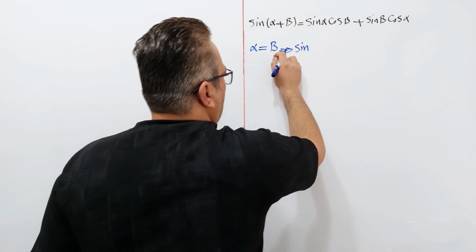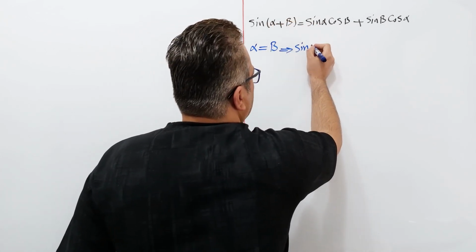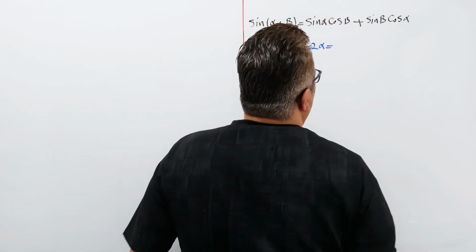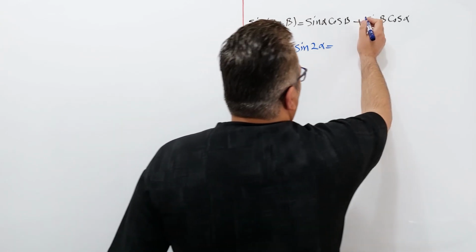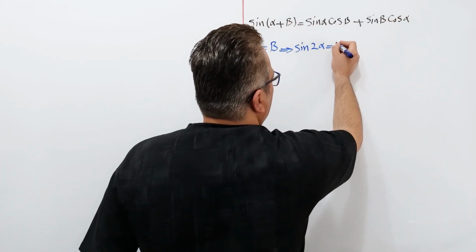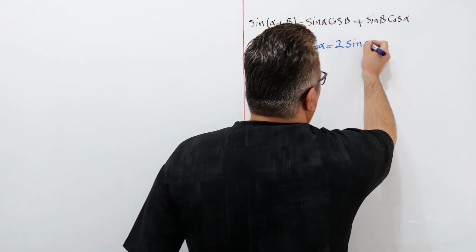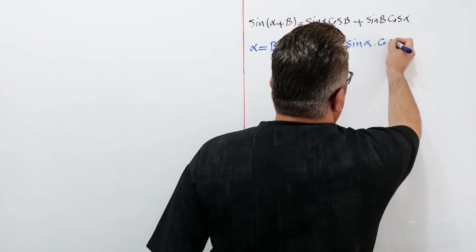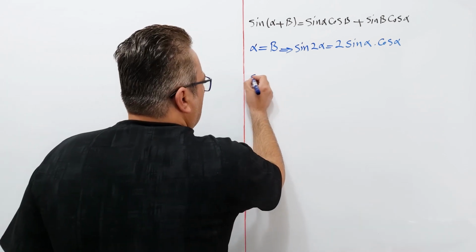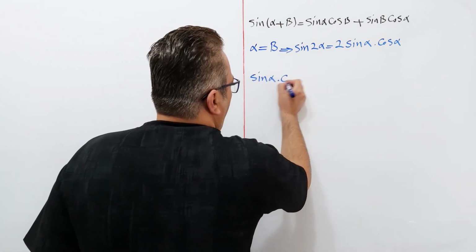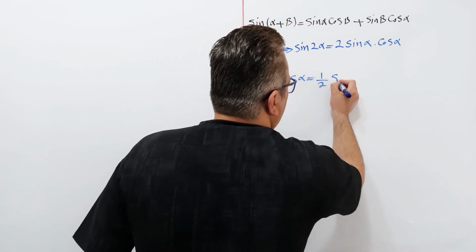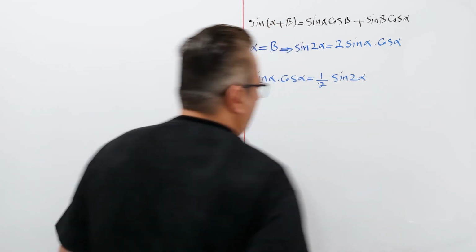Alpha plus alpha is equal to 2 alpha. Sine 2 alpha is equal to sine alpha times cosine alpha plus sine alpha times cosine alpha, which is equal to 2 sine alpha times cosine alpha. Okay? Or sine alpha times cosine alpha is equal to 1/2 sine 2 alpha.